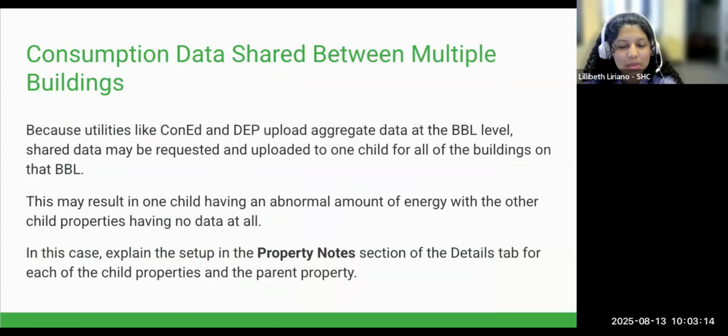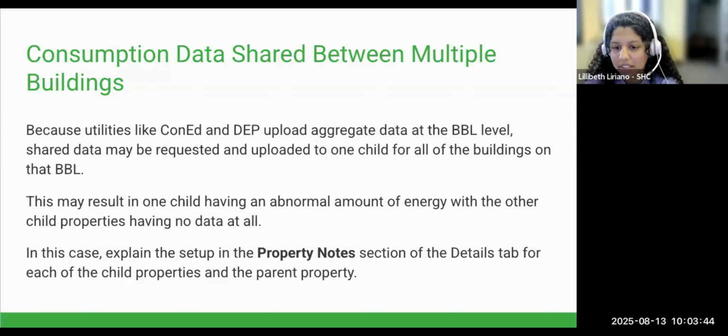When it comes to sharing between multiple buildings, for utilities like Con Ed and DEP that upload aggregated data at the BBL level, shared data can be requested and uploaded to one of the child properties for the entire BBL. This may result in one child having an abnormal amount of energy, while another child has maybe no data at all.